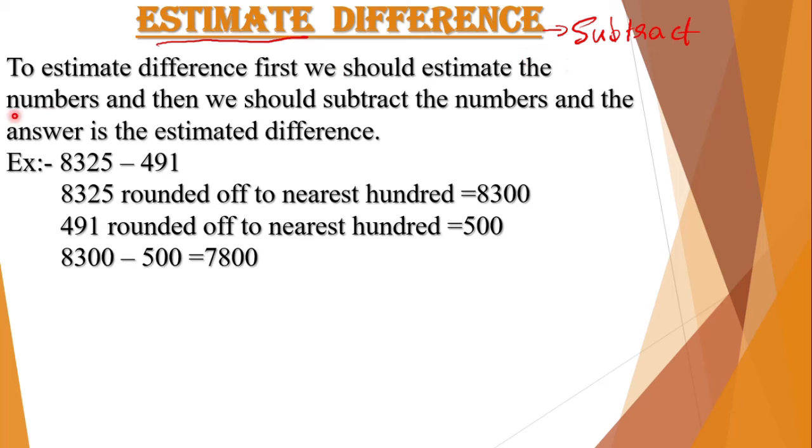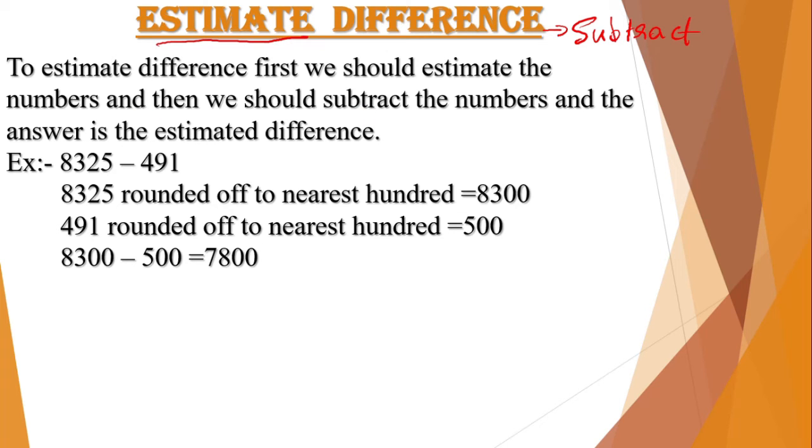The first thing is we should always estimate the numbers and then we should use the operation. If it's difference, we should do subtract. If it's sum, we should do addition. If it's product, we should do multiplication. Hence here difference is there, so we should subtract the numbers. First we should estimate the numbers and then we should subtract the numbers.